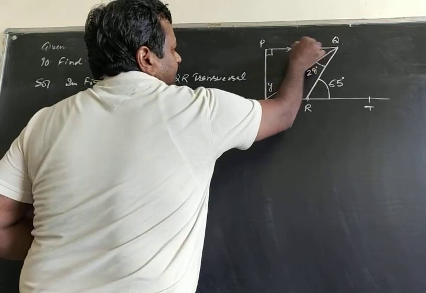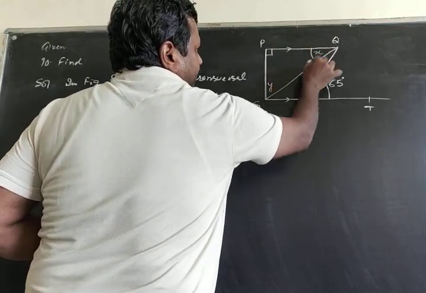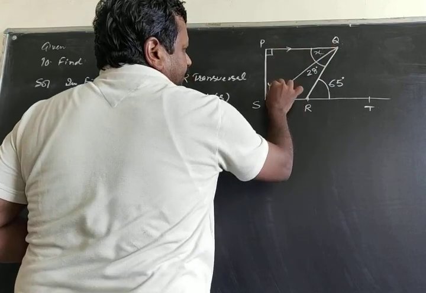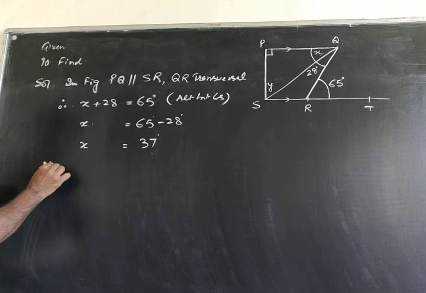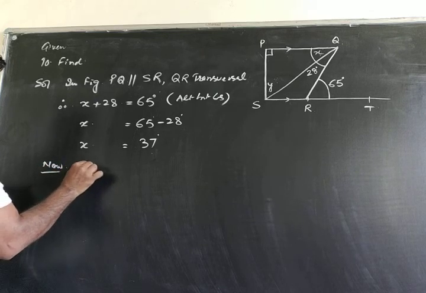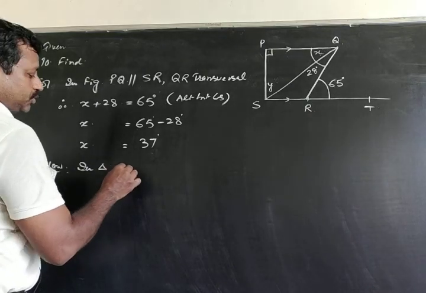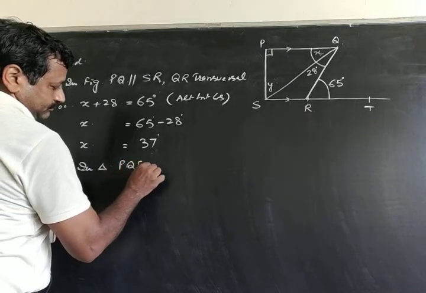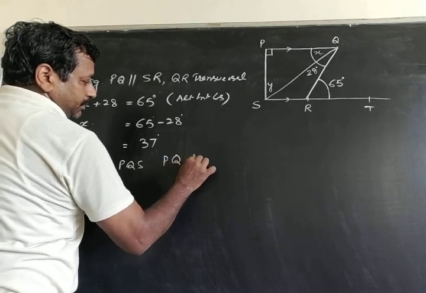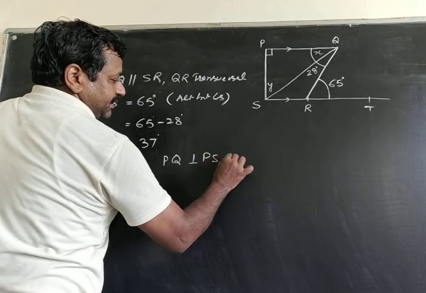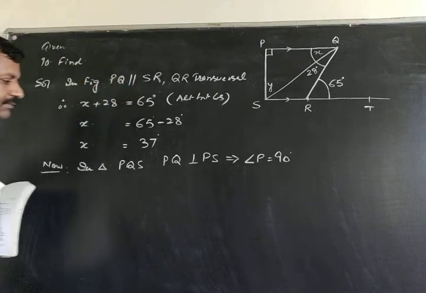Now in this triangle we can apply ASP of triangle, angle sum property of triangle. In triangle PQS, PQ perpendicular to PS implies angle P equals 90 degrees.